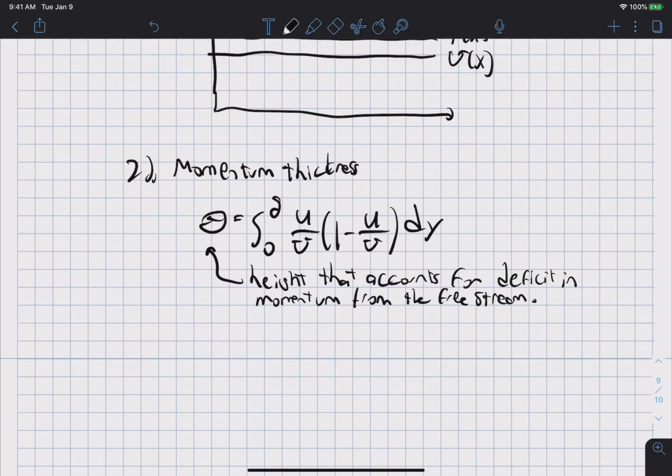Okay, and it's often used in drag calculations. We're not going to use it in this class, but it's just nice to know that it's there for those of you who do more with fluid mechanics. You will definitely run into the momentum thickness a bit more often.